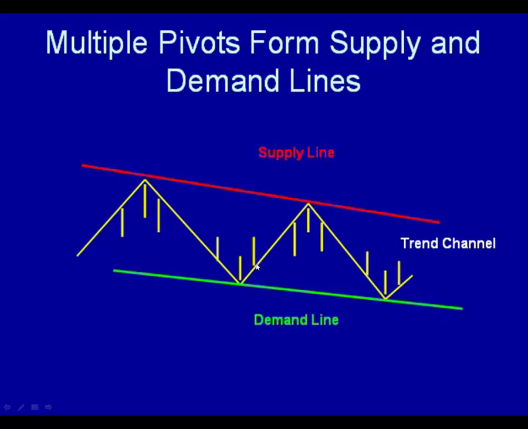That creates pivot highs and pivot lows, and of course two points. You need two points to draw a line. So then you can connect those highs and lows and create your demand and supply lines, channels, and all the fancy patterns that we like to use to define supply and demand, uptrends, and downtrends.